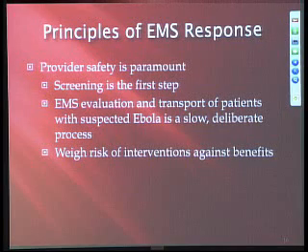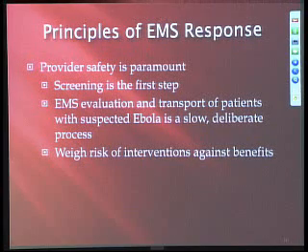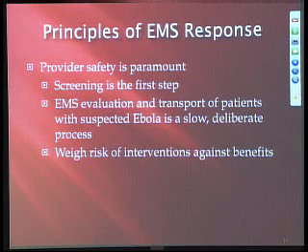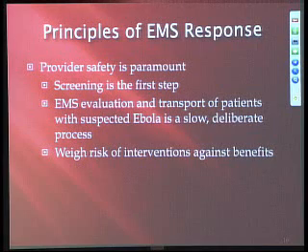And this is not a time-critical emergency. On the contrary, being slow, deliberate, methodical is what's key here. Rushing, either not getting the screening right or not getting the PPE right, is what's potentially life-threatening to the provider. So it's a slow, deliberate process.